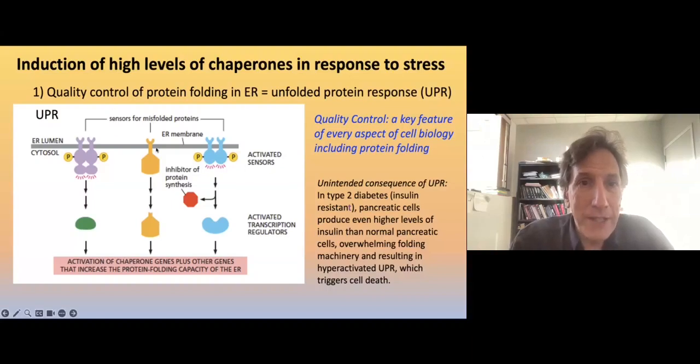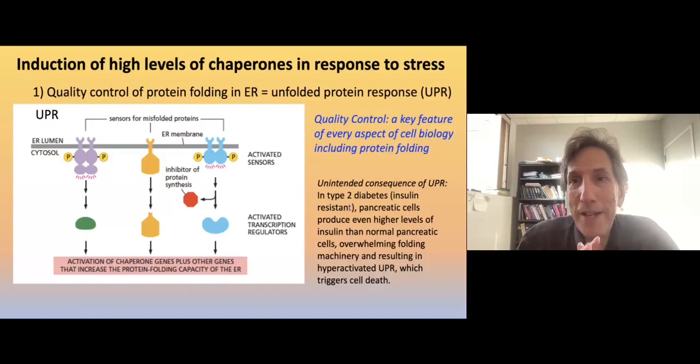And so you have sensors for misfolded proteins that activate in the ER. And when you have a lot of unfolded proteins in the ER, that sends a signal, actually a series of different signals to the cytosol. One thing it does is it inhibits protein synthesis, but the main thing it does is to activate expression through transcription factors of chaperones. So you get more chaperones expressed when you get more stress.